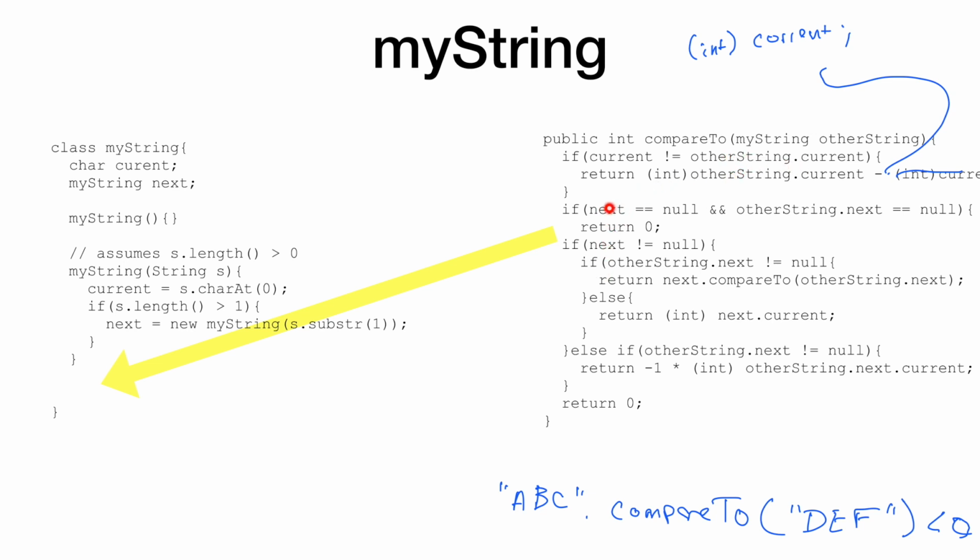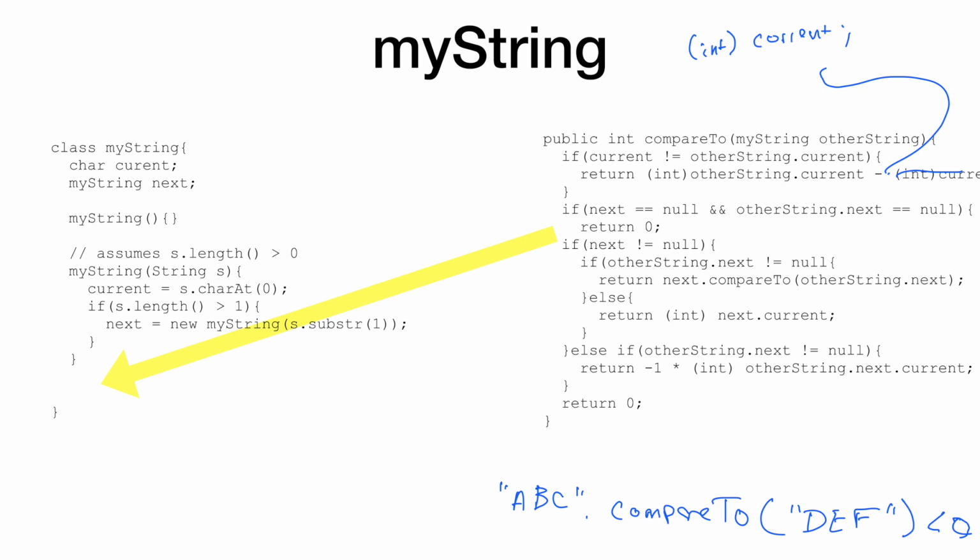Well, if my next character is equal to null and the other guy's next character is equal to null, that means we got all the way here and both characters are the same and we've run out of string to look at. Well, in that case, the strings match, right? And we return 0. Okay. Well, what happens if we're not at the end of one of the strings?